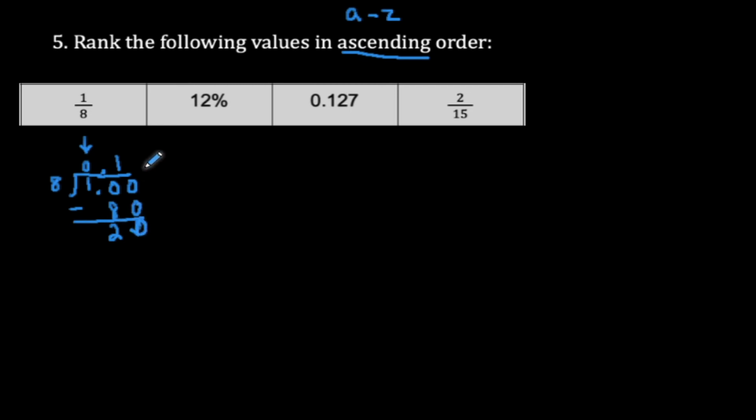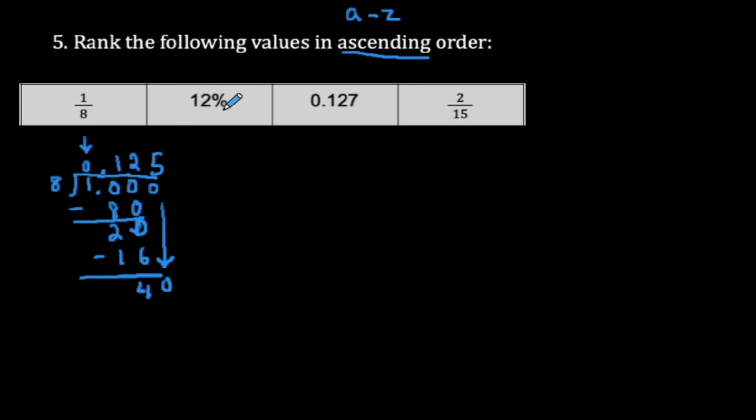And then 8 goes into 20. How many times without going over? That's twice. So that's 16. 10 minus 6 is 4. Bring down the 0. 8 goes into 40 5 times. So this is 0.125 as a decimal.